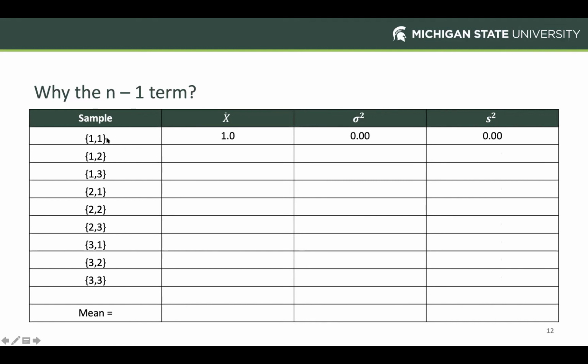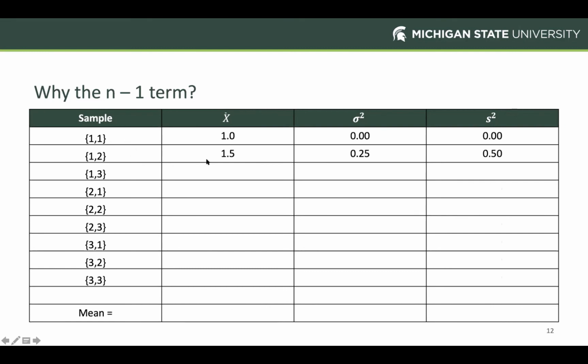In the first case, if our number is 1, this is a really quick and easy case. Obviously, our mean value of that 2-number sample is 1. There's no variability, so both our population and sample variances are equal to 0. Nothing particularly informative there. As we step down to the second case, our mean value here is 1.5.